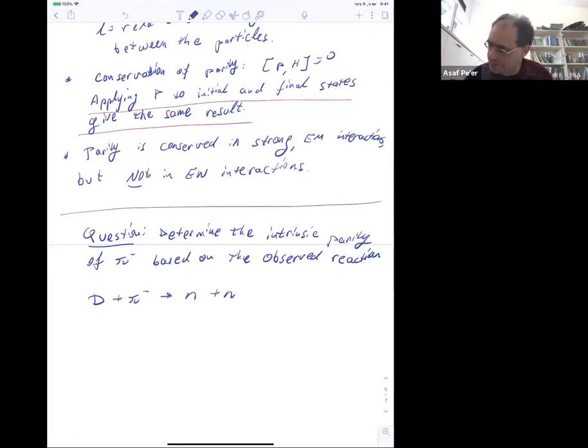What am I doing? This is the deuterium, the nucleus of hydrogen-2, known as H2. And we're seeing this reaction, pion capture by deuterium.